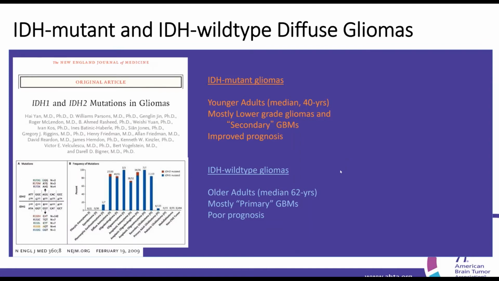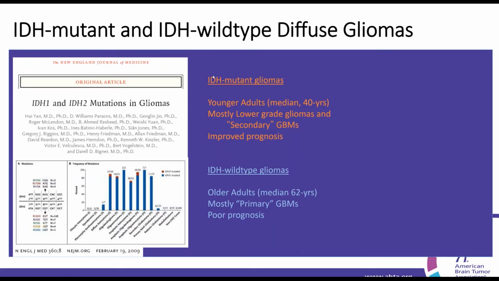The first major step towards precision medicine actually had to do with recognizing that we couldn't identify different molecular subsets of gliomas under the microscope. The identification of IDH mutations in diffuse gliomas was a huge finding.